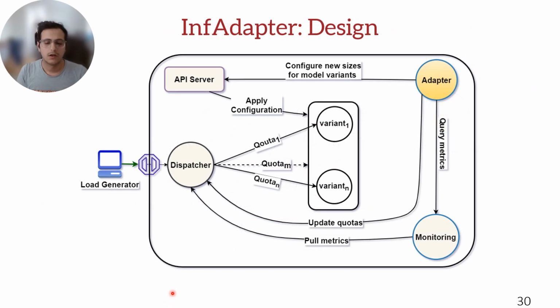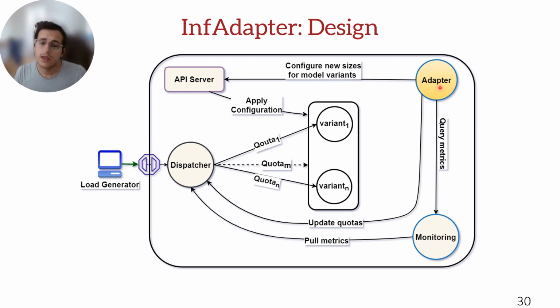This figure demonstrates the overall architecture of InfAdapter. First of all, we have the dispatcher, and this dispatcher dispatches the requests or load balances the requests among multiple model variants. We have our monitoring component that constantly monitors the entire system.